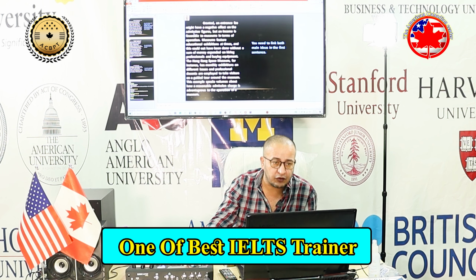For example, if you use weaker words, you might get 6, let's say for the entire essay. But using those words will increase it to 7.5 or even 8. I will give an example.